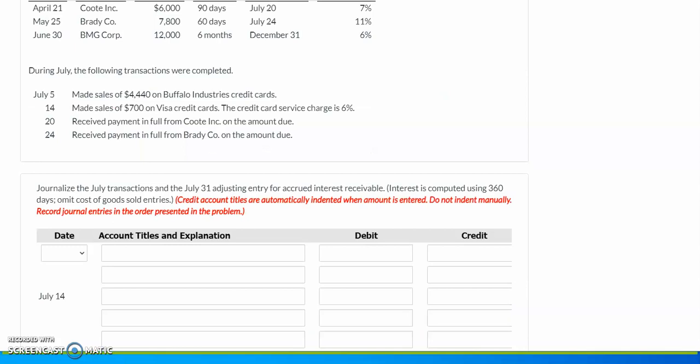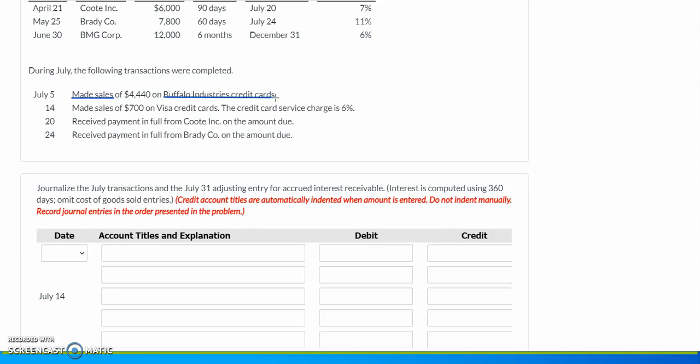On July 5th, the company made sales of $4,440 on Buffalo Industries credit cards. So this is the company's own credit cards. So we need to record accounts receivable, and because we've made sales, we need to record our sales revenue.